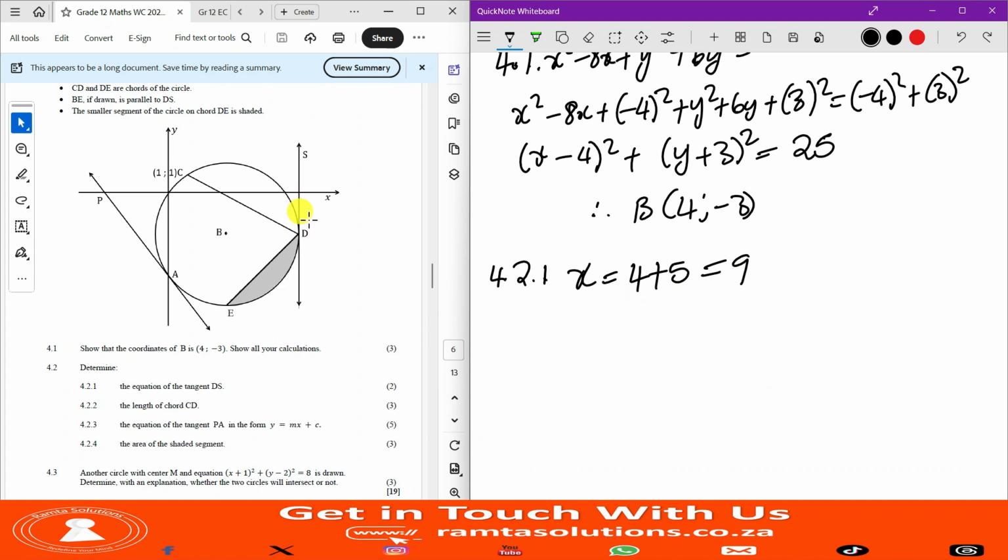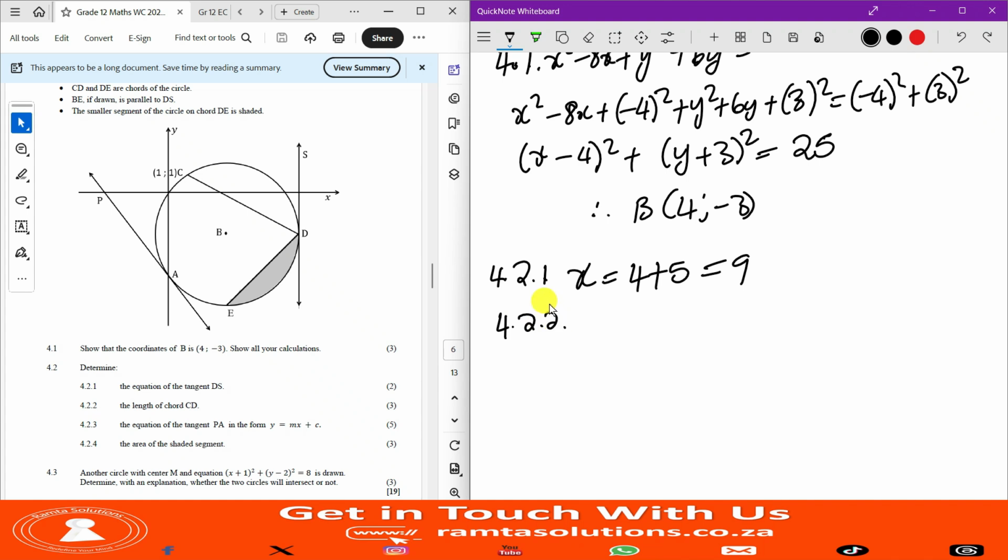So tangent DS is x equals 9, because it is a constant x value graph. It's vertical.